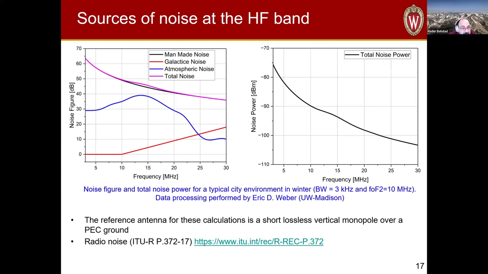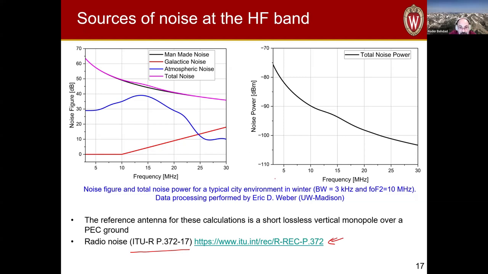So to get a picture of what the noise environment in the HF band is, there are some really good models provided by ITU. ITU stands for International Telecommunications Union, and there's some documentation provided by ITU that you can go ahead and read. I've provided a link to this documentation here that has formulas for these different noises, ranging from man-made to galactic to atmospheric noise.